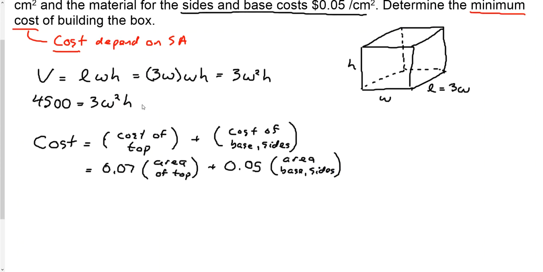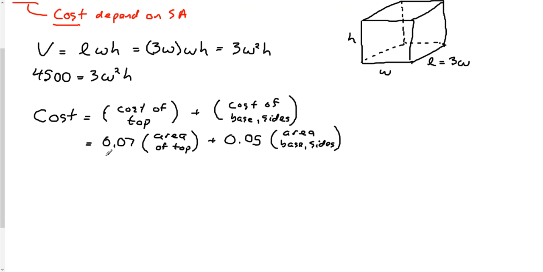So this is where our expressions for the area are going to come in. So 0.07 times, what is the expression for the area of the top? Well, the top and the base are going to be the same. They're going to be width times length, or in this case, width times 3 times width. So that's going to be 3w squared, plus our 0.05, doesn't change, times the area of our base and the area of our sides.